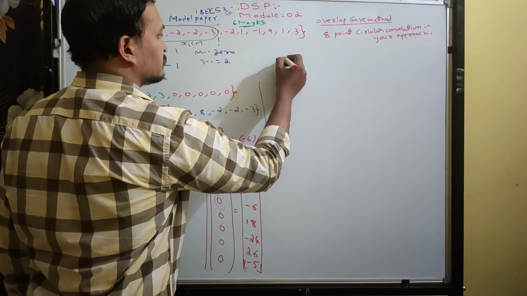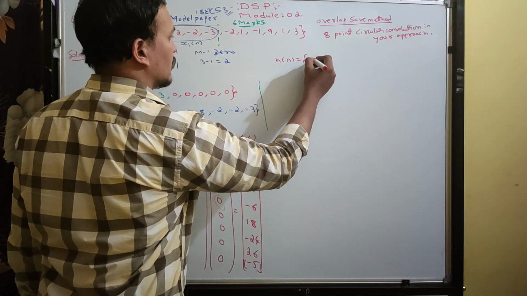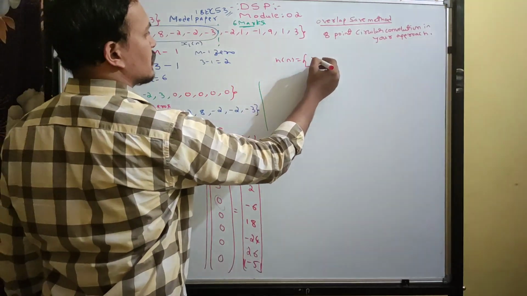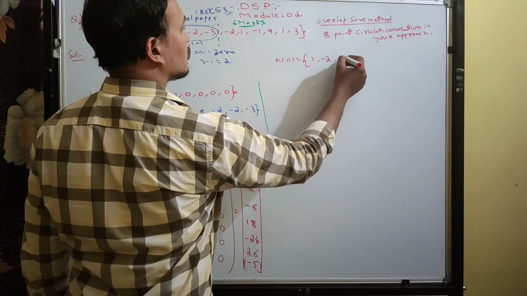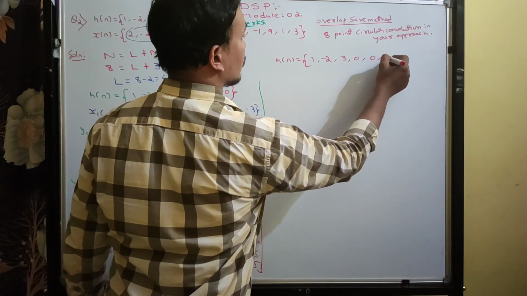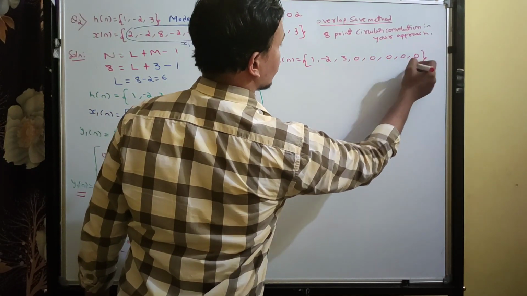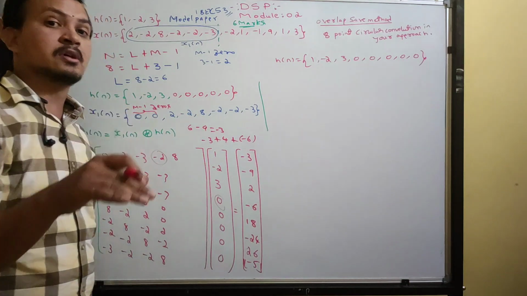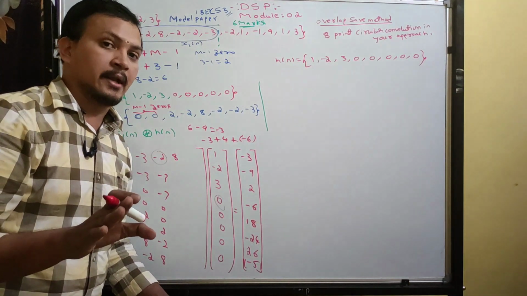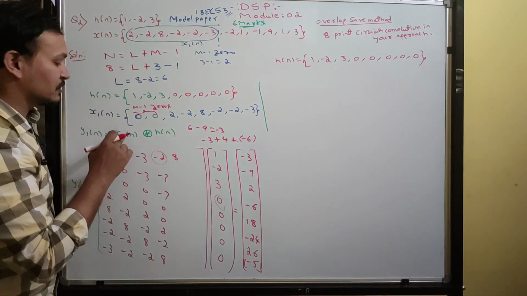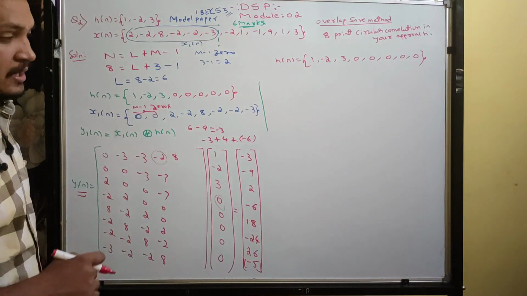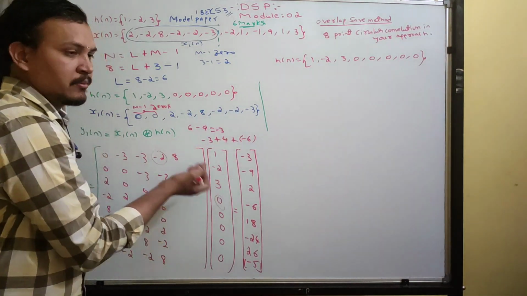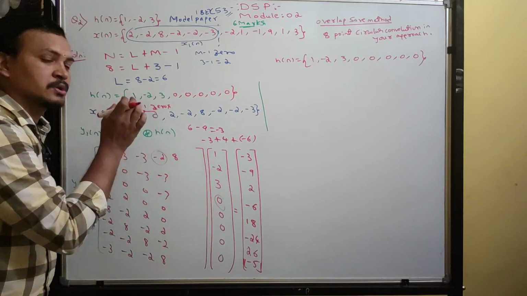Next, another h of n: again you write 1, minus 2, 3 and 5 zeros. h of n will not change. The number of zeros you put in h of n does not have any importance. How many zeros you add in x of n, that is important. Adding or saving. Adding means right side. Saving means before writing the sample you should put zeros.